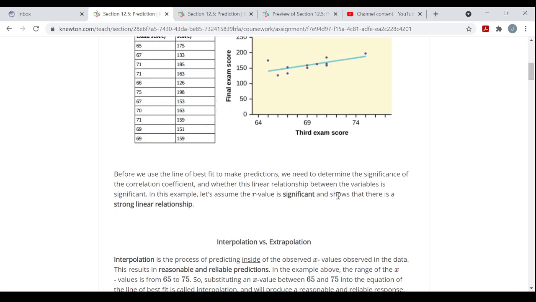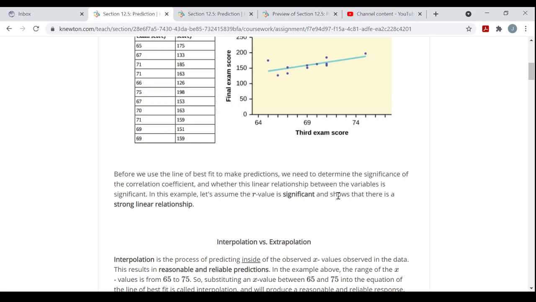If it was between the critical values, then you would say there was no linear relationship, and you wouldn't use this line as the best model as a predictor. If the value of R was outside the critical values, then you would say that there is a strong linear relationship between the variables, and then you could use the line to make predictions.